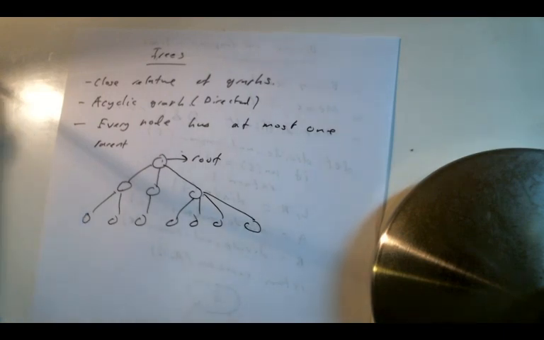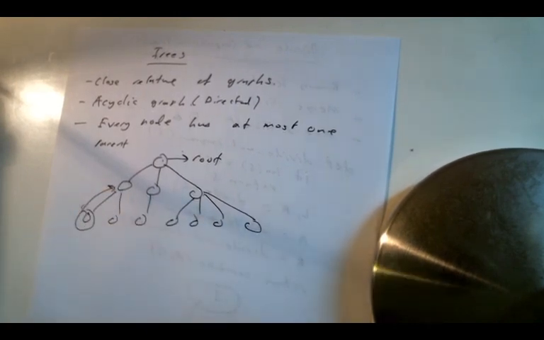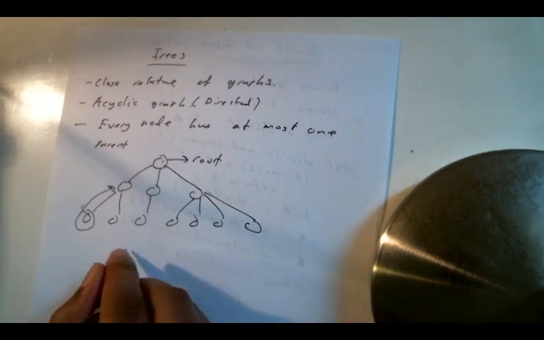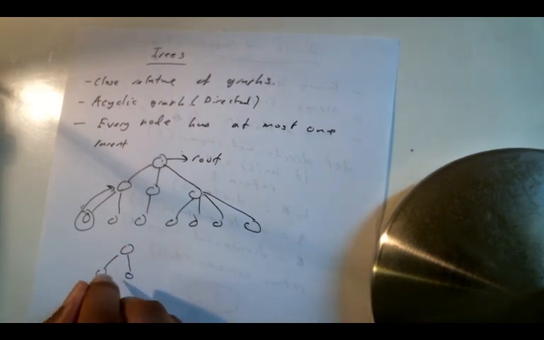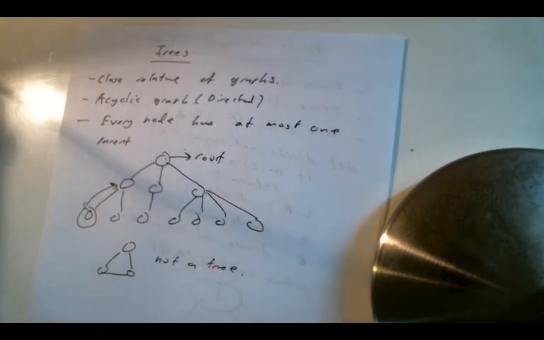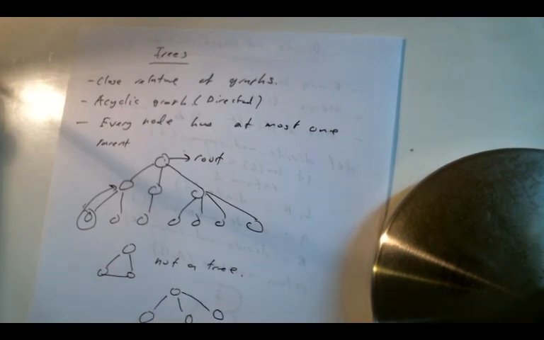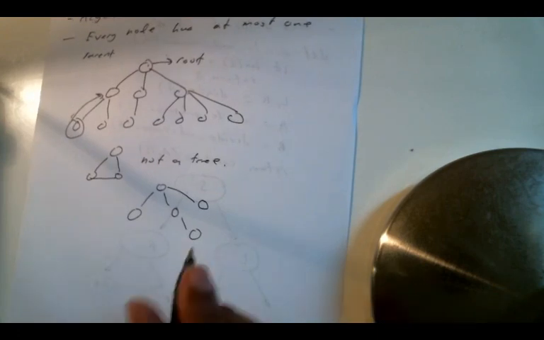Each node, for example this node, only has one parent, and that's this. Like this is its ancestor. So I can't do something like this. So this is not a tree, right? Whereas this is a tree, this is a tree, and so forth. Even this is also a tree too. Okay, these are all trees.